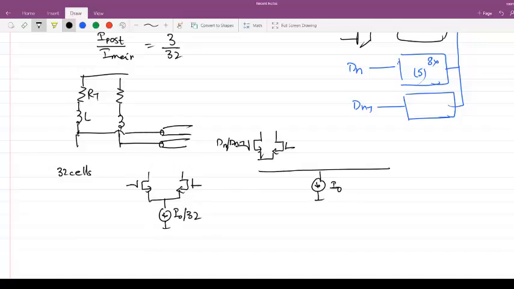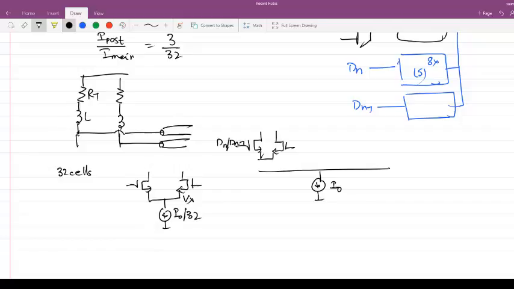Either this whole cell is off or it is on. When I am choosing like 3 out of 8, only 3 cells are on. The rest of the 5 cells are off. They do not conduct any current. But if any of these cells is conducting, then for all of them the potential is going to be the same. There is no difference. Transient will also not be different.